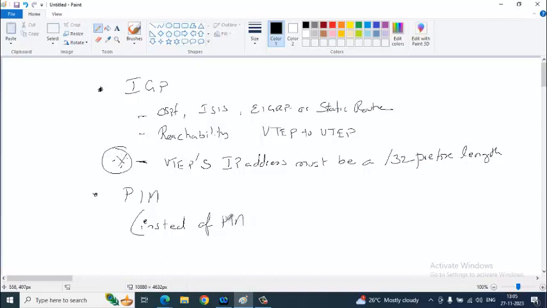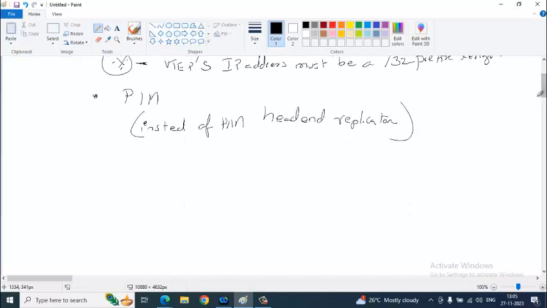Instead of multicasting, you can use head-end replication. Head-end means whatever comes in, you send it to everyone whom you configured as peers. But the peers need to be manually configured. This is not a scalable solution. So depending on PIM is the best one.